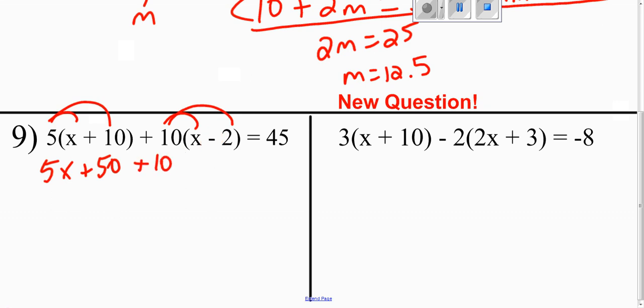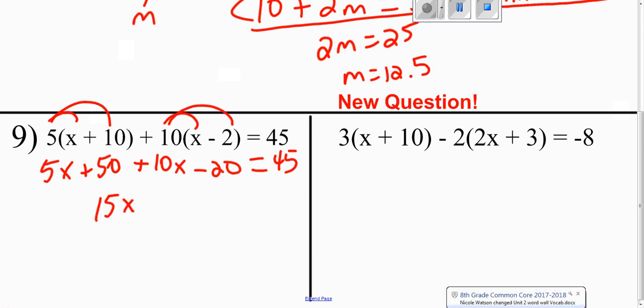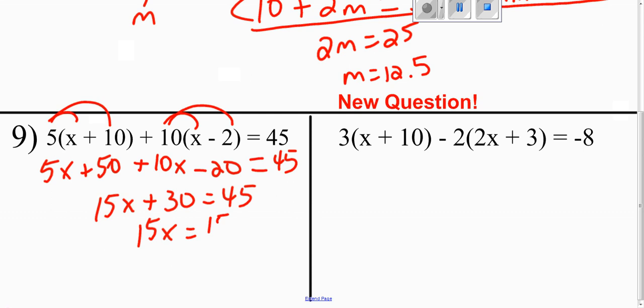So it's plus 10x minus 20, because positive 10 times negative 2 is a negative, equals 45. Combine like terms, 5x plus 10x is 15x. 50 minus 20 is plus 30, equals 45. Minus 30 from both sides, 15x equals 15. And then divide both sides by 15, x equals 1.